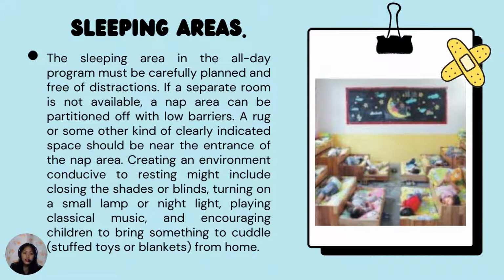A rug or some other kind of clearly indicated space should be near the entrance of the nap area, creating an environment conducive to resting. This might include closing the shades, adding plants, turning on a small lamp or light, playing classical music, and encouraging children to bring something to cuddle, stuffed toys or blankets from home.